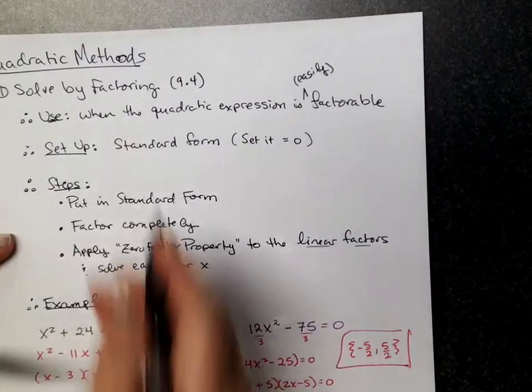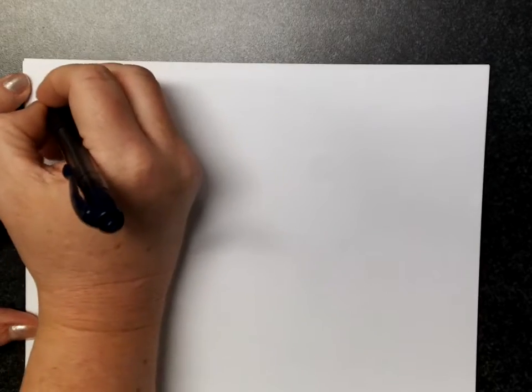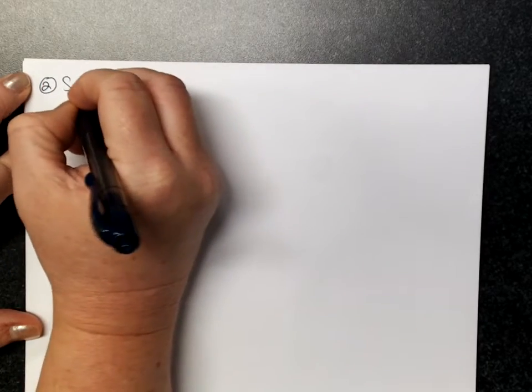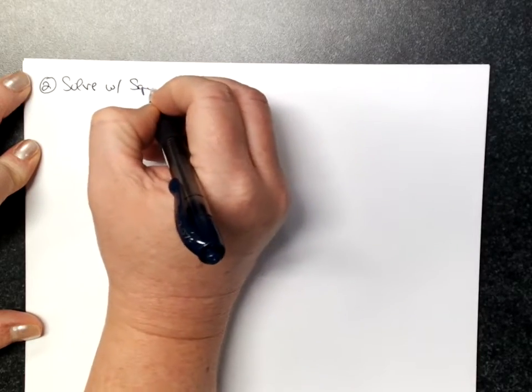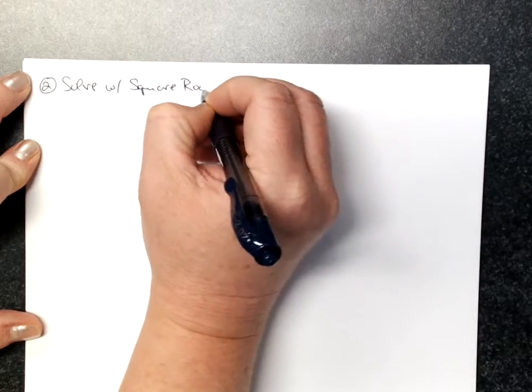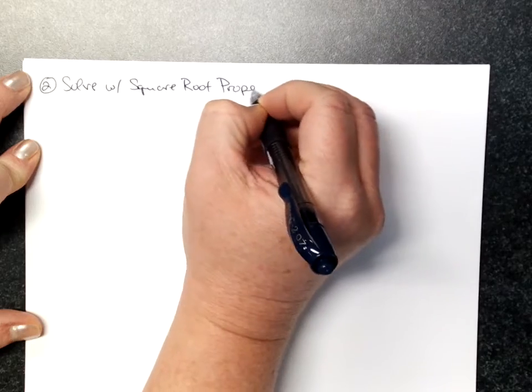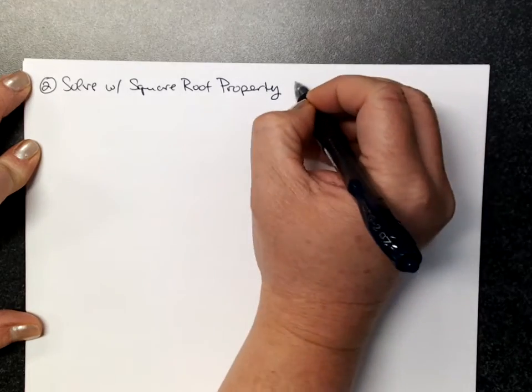All right, so solve by factoring. I'm going to put that in the study guide for one method. Method 2. That transitions us into the second method, solve with square root property. And this was from 12.1.